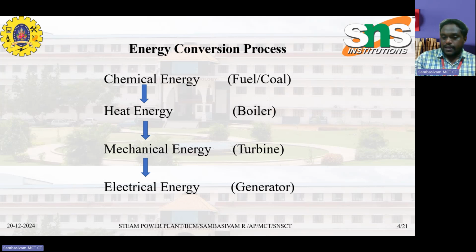Finally, the turbine is attached to the generator, so the generator also rotates at the same speed, which results in electrical energy. The visual picture shows the chemical energy transferred into heat, heat transferred into mechanical, and mechanical transferred into electrical. This is how the stages have been developed.